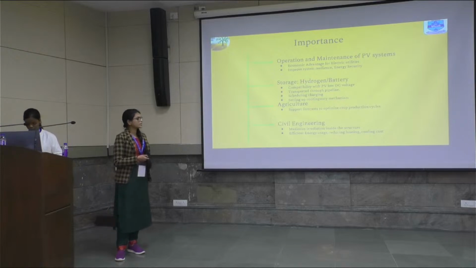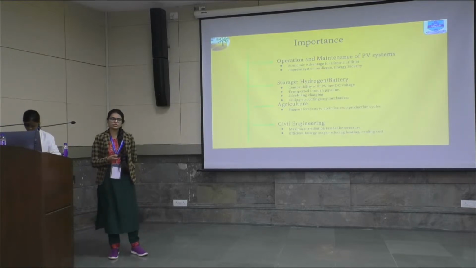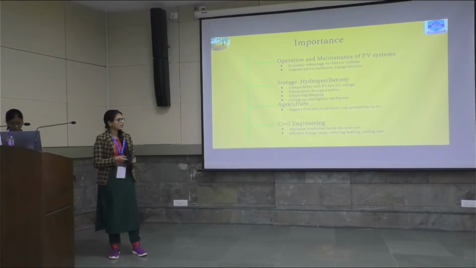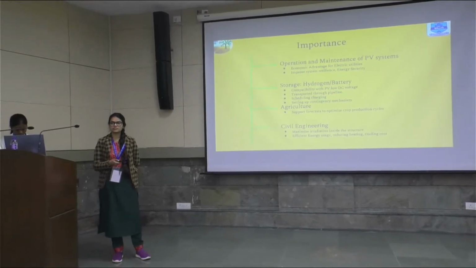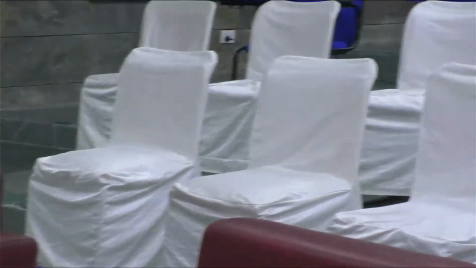The second important point that we are considering is hydrogen and battery storage systems. There is huge compatibility of hydrogen storage systems with photovoltaic systems because of the low DC voltage, and hydrogen can also be transported through pipelines. For battery systems, we have the scheduling of charging, and a contingency mechanism has to be set up for the charging process, as we need to store the energy we get from the PV.